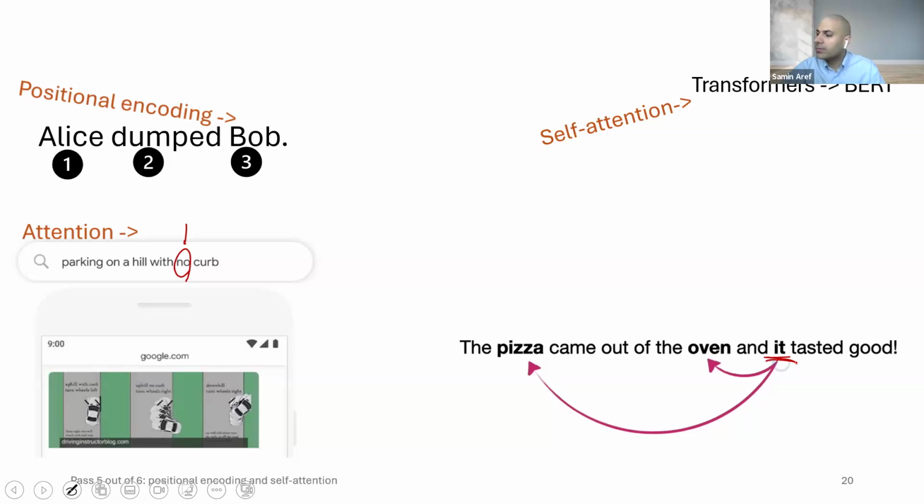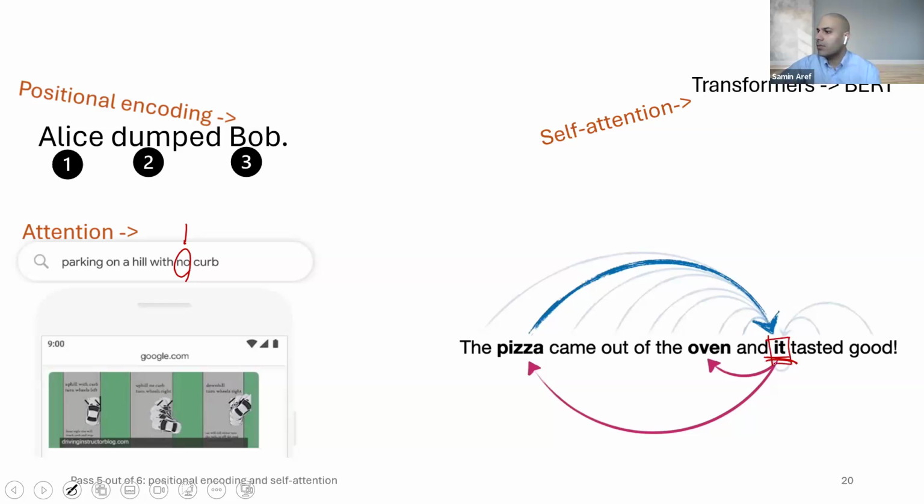And for figuring this out correctly, it's going to incorporate some information from every other word in the sentence when it is embedding the word it. So this is called self-attention. What we've done here is allow the model to incorporate some information about every other word in the sentence when it is processing the word it.